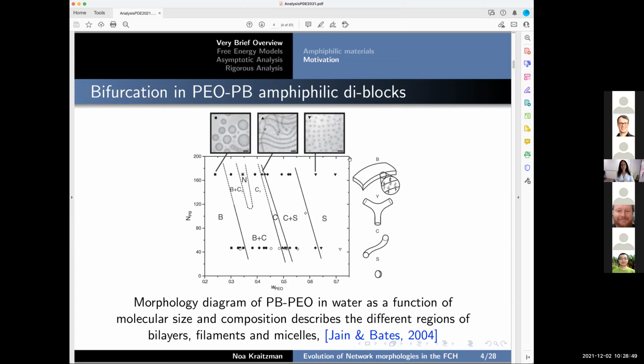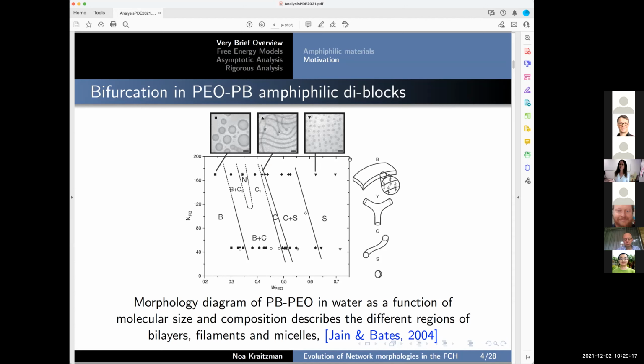And as you can see, if we look at both chains for n equals 45 and for n equals 170, each set goes through a sequence of bifurcations. They change from B plus C, all the way to S. However, if you look at the long chain, it is also interrupted by a Y-junction filament dominant pearl cylinders.